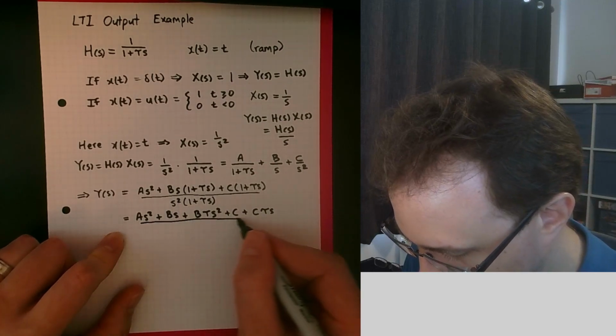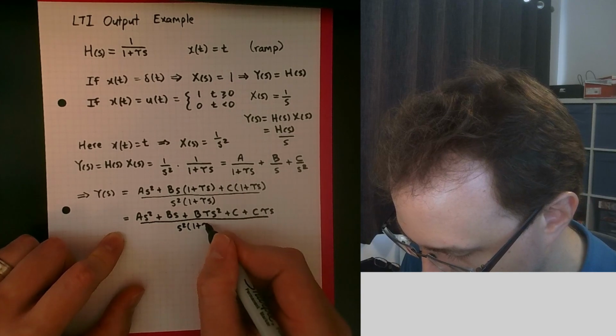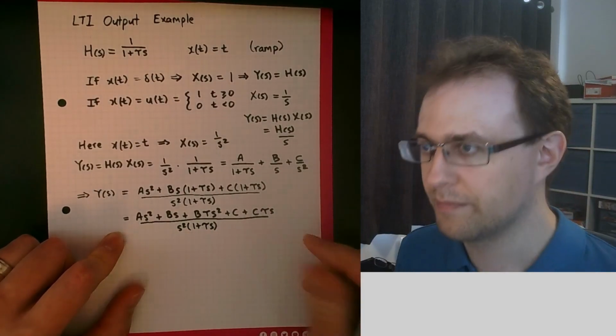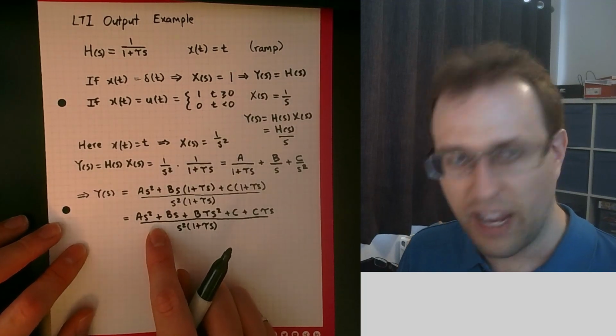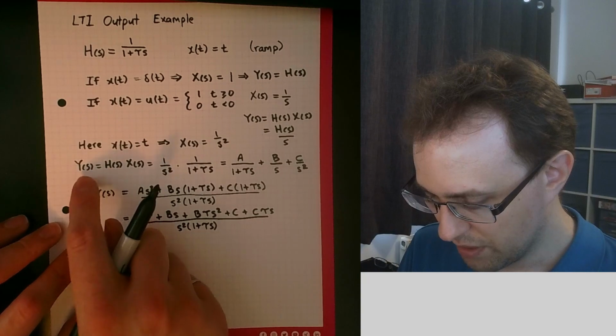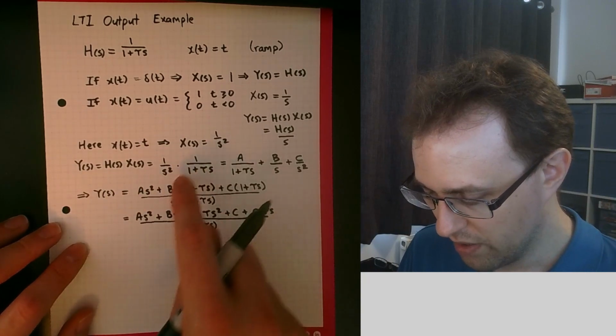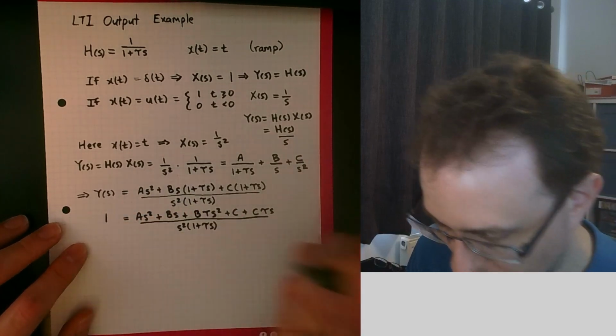And again, that's all over s squared times 1 plus tau times s. So that's what we get here for the right-hand side. On the left-hand side, we also know that this y of s is just equal to 1 over s squared times 1 plus tau times s. So we can say that the numerator is equal to 1.